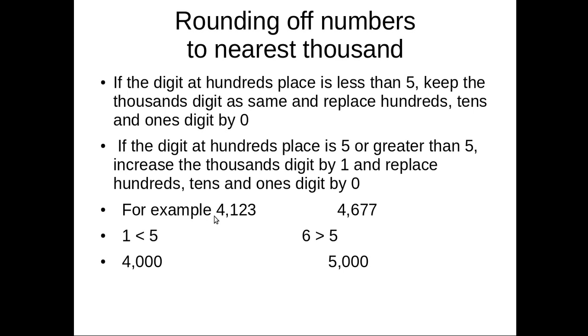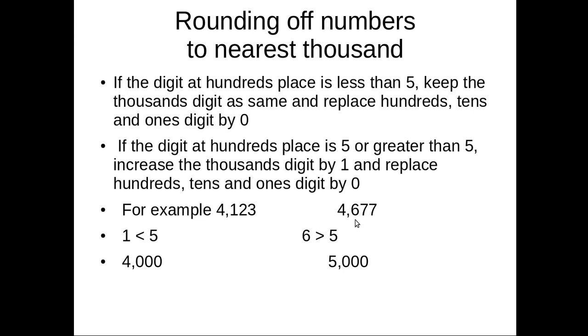Let us see 4123. See, the hundreds place digit is 1, since it is less than 5, we replace the hundreds, tens and ones place digits by 0 and keep the thousands place digit the same, so it becomes 4000. So the nearest 1000 of 4123 is 4000. And see the same in 4677.